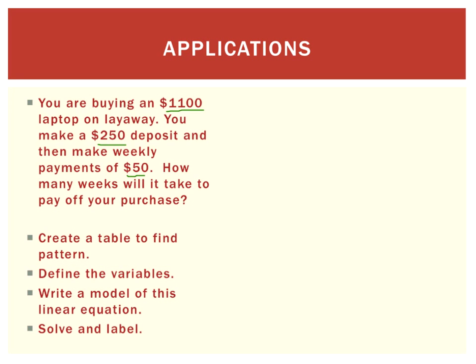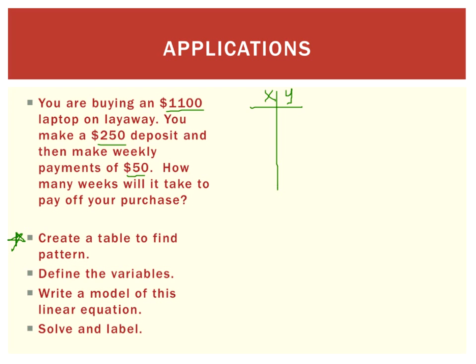And we can actually model this situation using a linear equation. What I might suggest is starting by creating a table to find some sort of pattern. So we're going to have some variables.